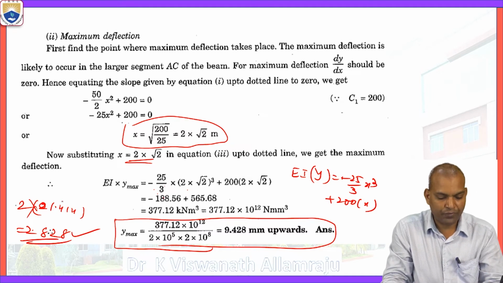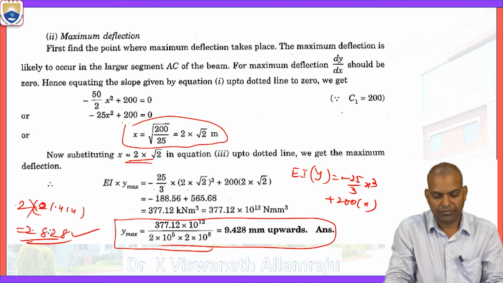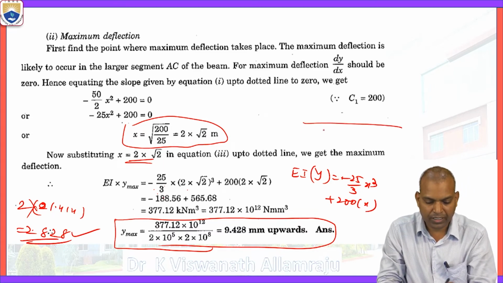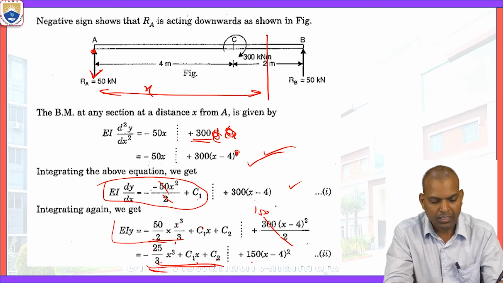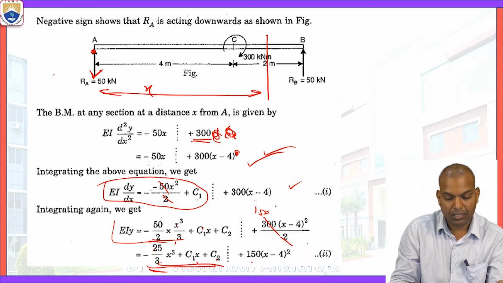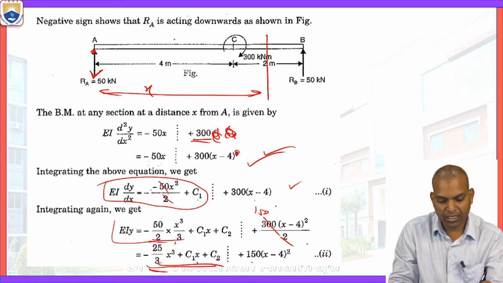If you draw the diagram, the deflection curve at the two points is upwards. Here at point C it is upwards, and also here upwards.